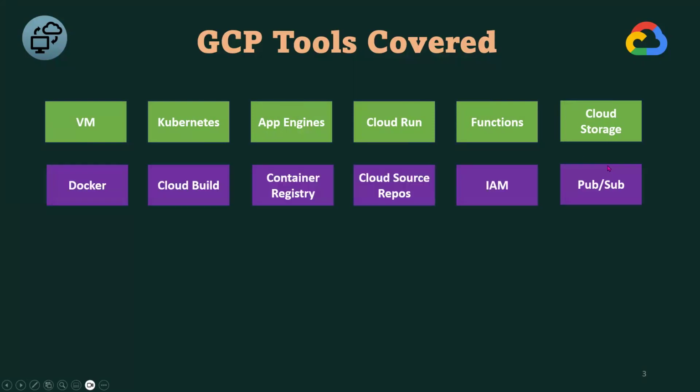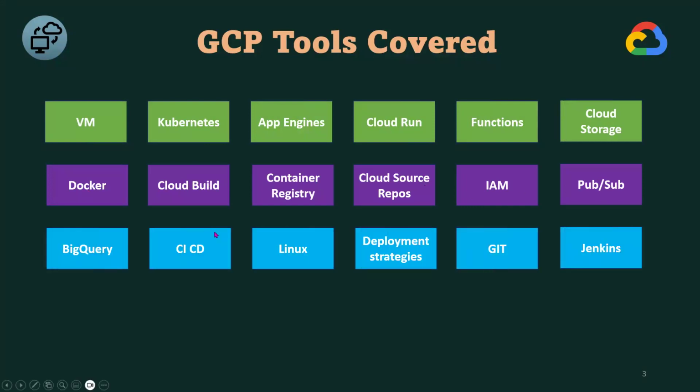And next, we are going to cover Docker, Cloud Build, Container Registry, Cloud Source Repositories, IAM, and Pub/Sub, which is for streaming. Only one use case I have told you. And BigQuery only for the basics. And CI/CD for sure, Linux for sure, deployment strategies for sure, Git and GitHub, Docker and Docker Hub, and Jenkins also we are covering.